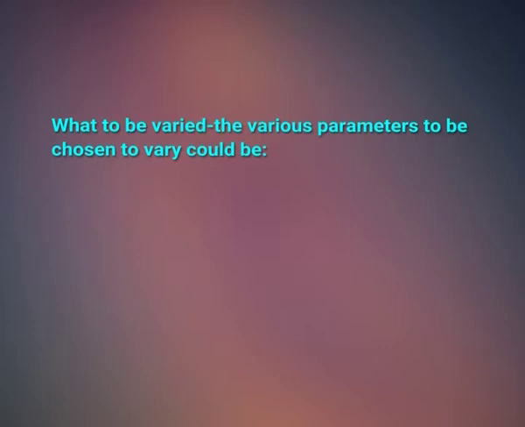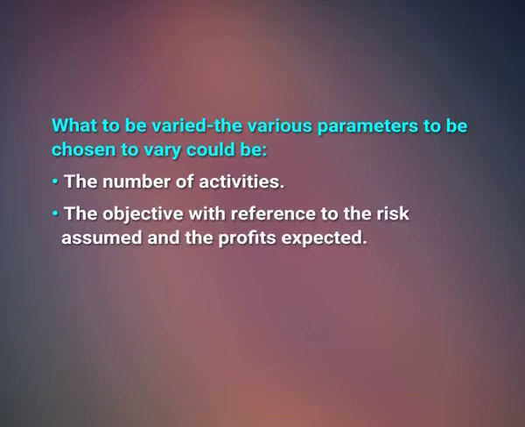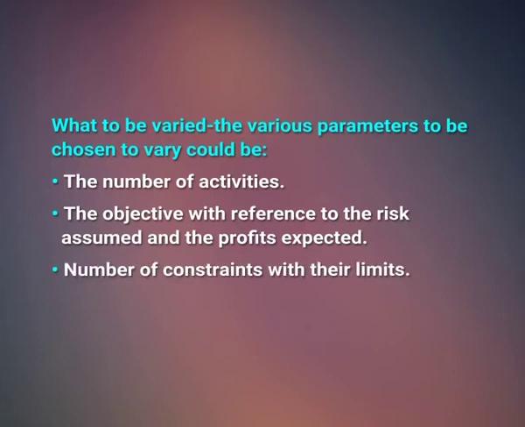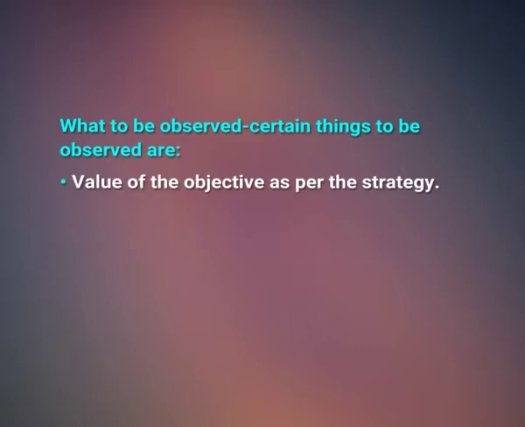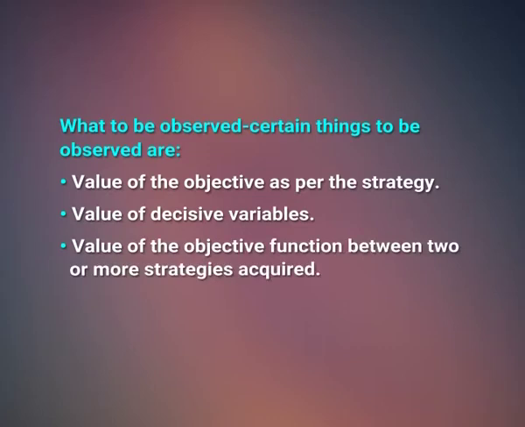The various parameters to be chosen to vary could be the number of activities, the objective with reference to the risk assumed and the profits expected, number of constraints with their limits, technical parameters. What to be observed? Certain things to be observed are value of the objective as per the strategy, value of decisive variables, value of the objective function between two or more strategies acquired.